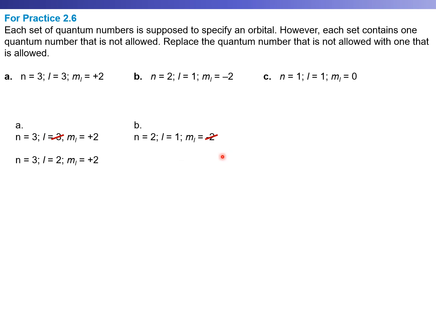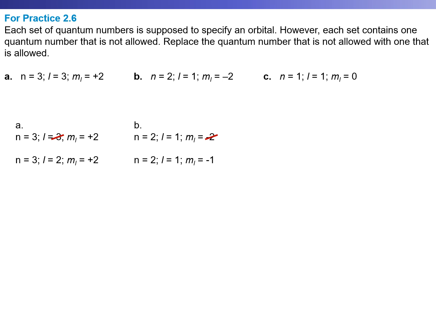It can't be -2, but it could be -1. So the correct set of values should be principal 2, angular momentum 1, and magnetic number -1, or maybe +1, but here we're going to go with -1.